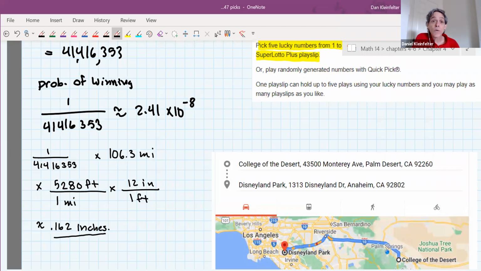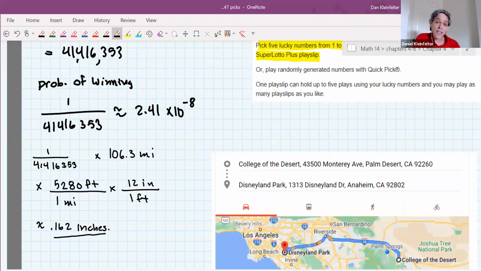Okay, so let's say you were going to bet $1 that you could stop your car right on this little length, half the width of your pinky nail, somewhere between COD and Disneyland, and we're not going to tell you where it is. I'm going to choose a place at random that's going to be this wide, somewhere on the freeway between COD and Disneyland, and you have to guess where that is.